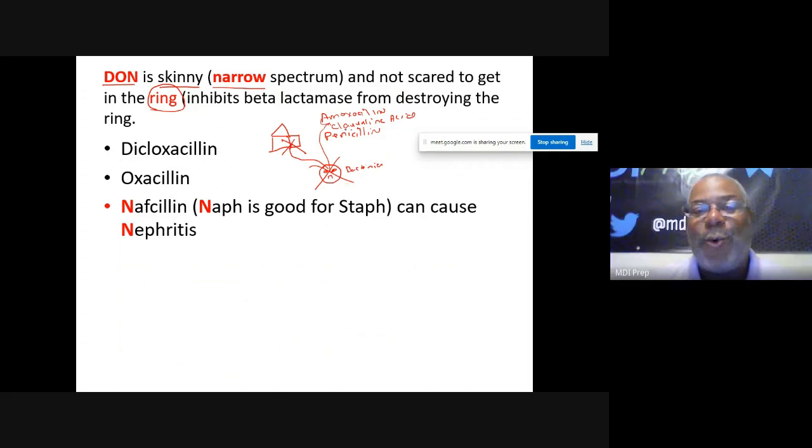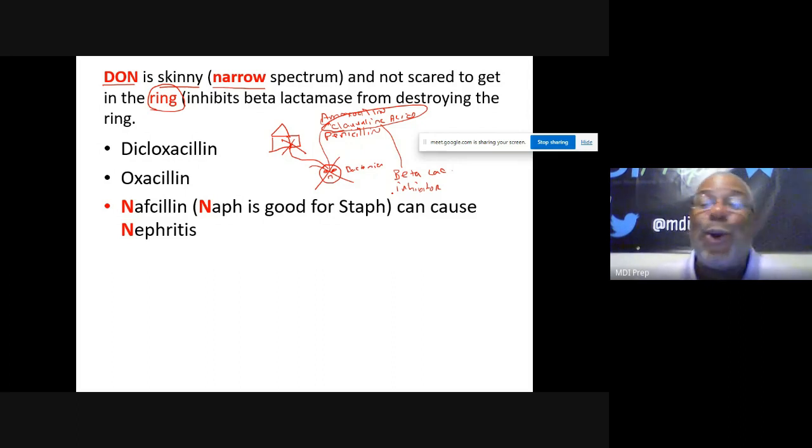It does. So this clavulanic acid is what we call a beta-lactamase inhibitor. So it basically prevents that bacteria from destroying the beta-lactam ring. Now, some penicillins, they're so strong, they don't even need clavulanic acid.